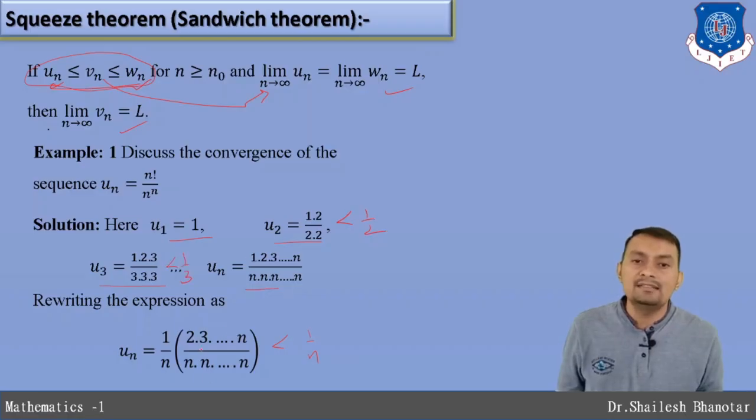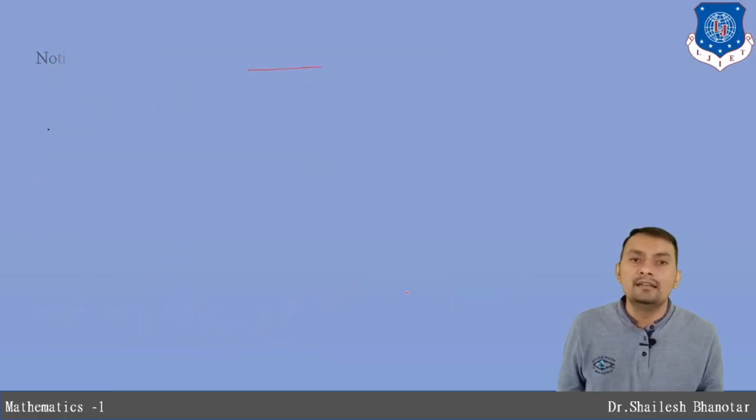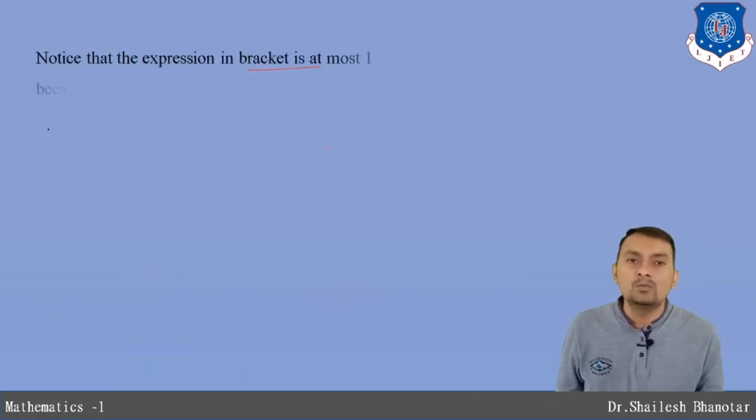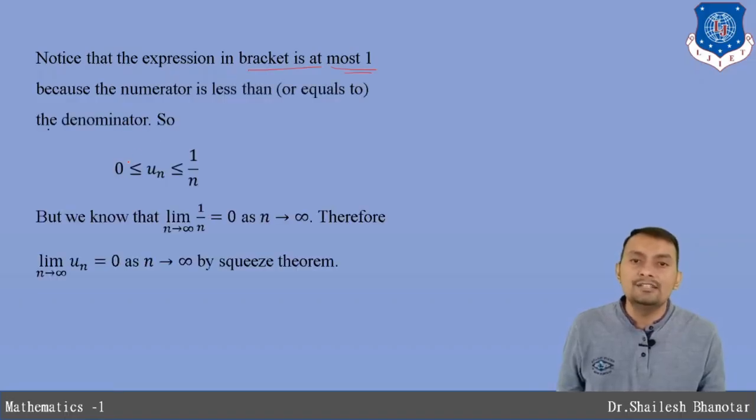This expression is at most 1, because when we assume that n is equal to 2, we get 2 divided by 2, and that is going to be 1, and therefore this expression is at most 1. Therefore we can say that 0 is less than or equal to u_n, which is less than or equal to 1 by n.